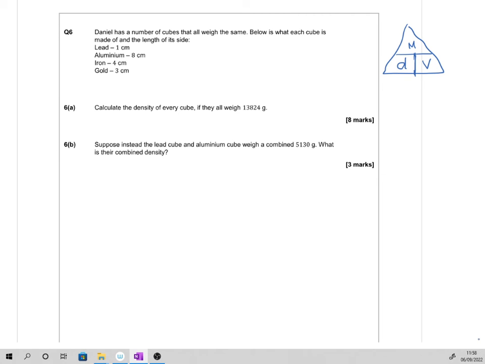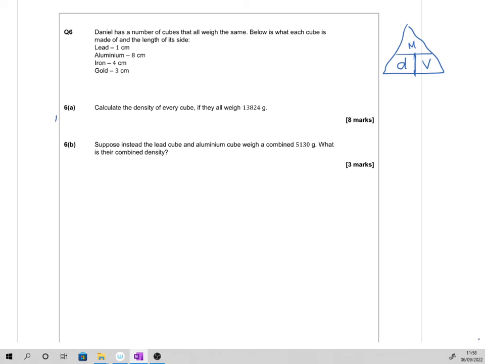Calculate the density of every cube if they all weigh that much. So the density is the mass divided by the volume.